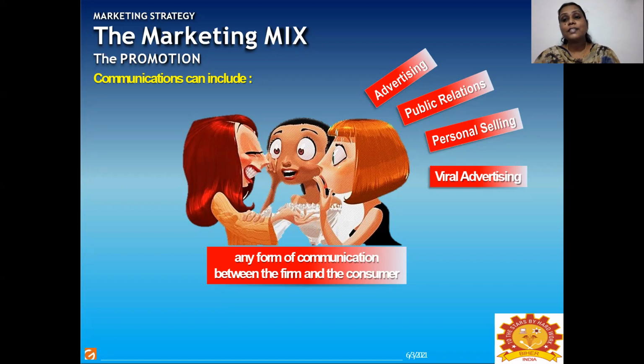It is all the activities indulged in taking the information about the availability of the product, called promotion. It varies according to the segments of the market that is going to be served, and also according to the marketing strategy that has been adopted.